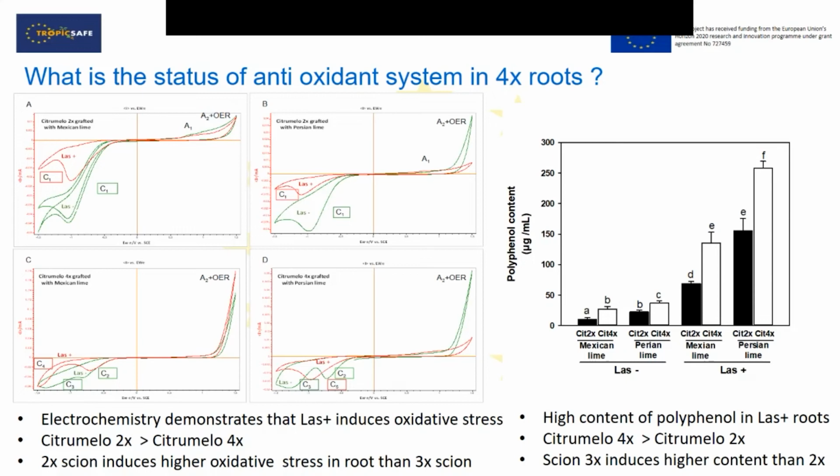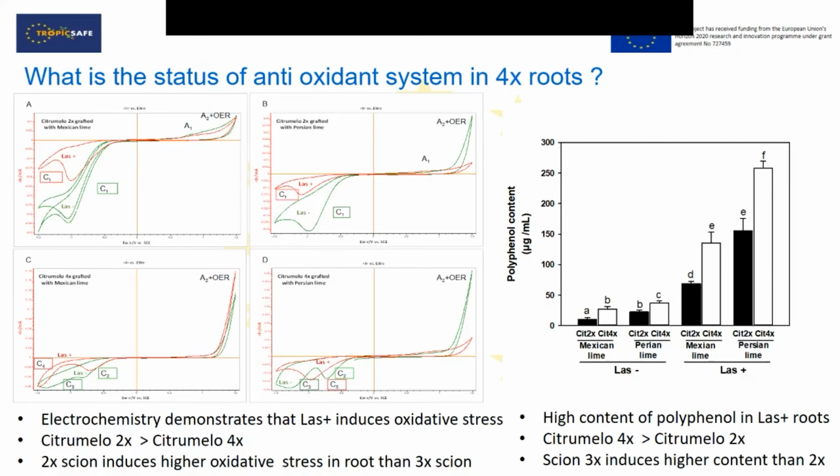We analyzed the polyphenol content in roots of the different genotypes. On control, you can see that the polyphenol content is quite low, but you have a higher content in the tetraploid. So it means that probably the tetraploid are able to synthesize more polyphenol, like something that is constitutive.